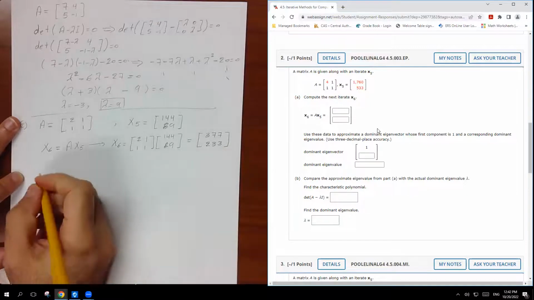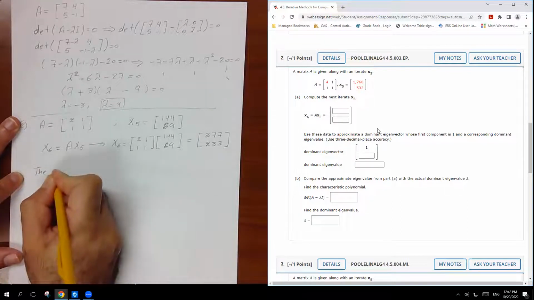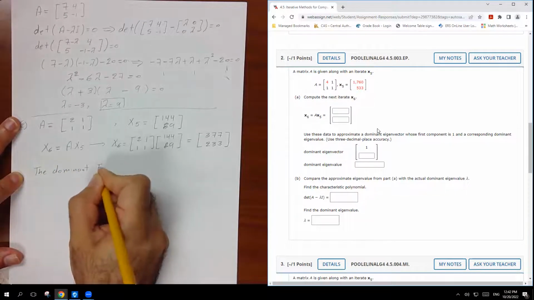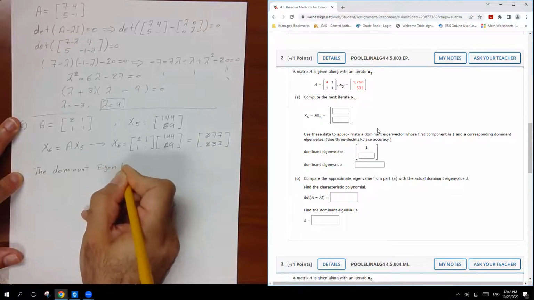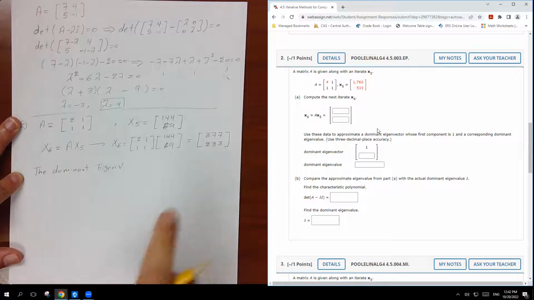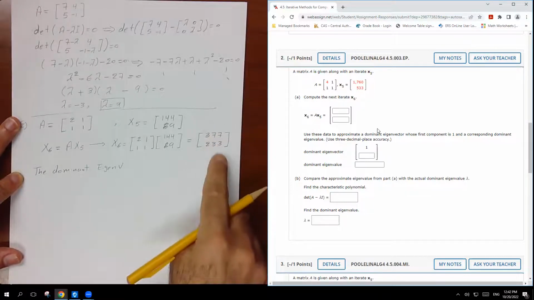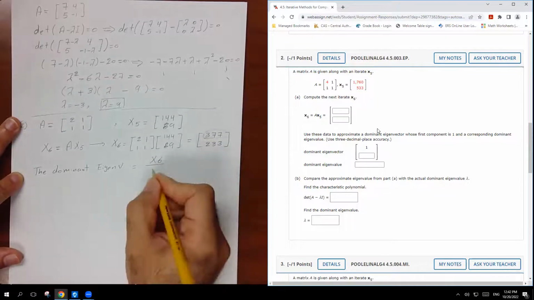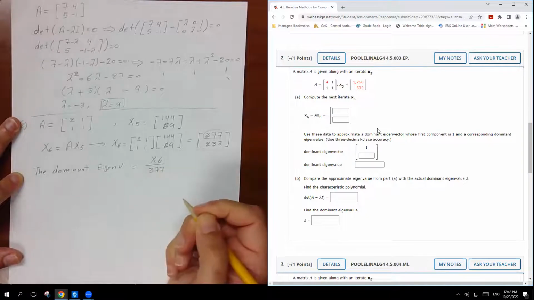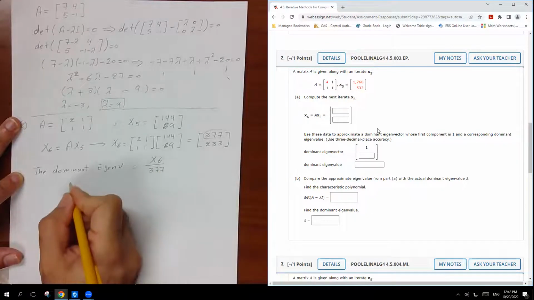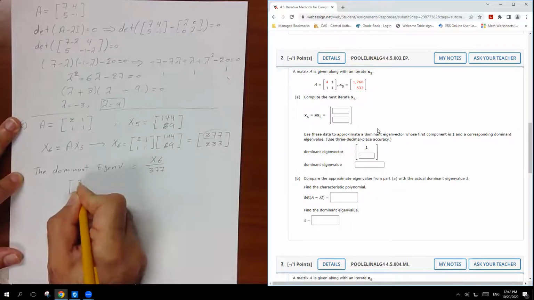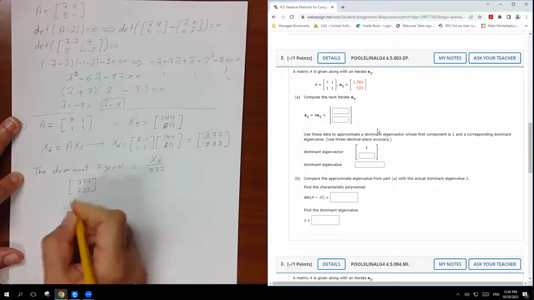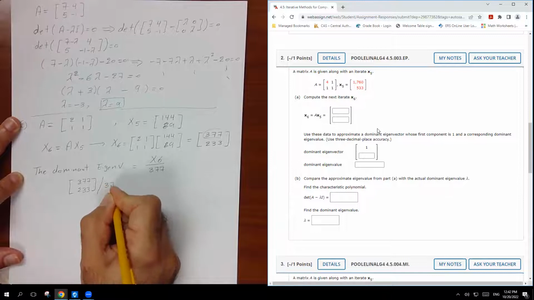Now, next step, the dominant eigenvector. We're going to divide x to the power 6 by the large component, which is 3, 7, 7. That means we're going to divide 3, 7, 7, 2, 3, 3 by 3, 7, 7.